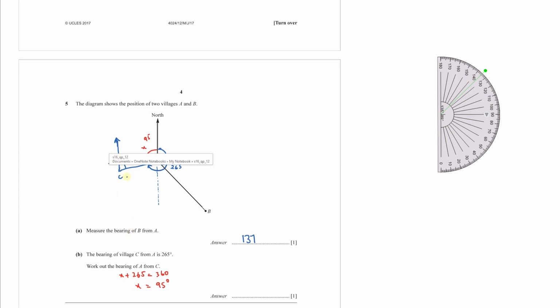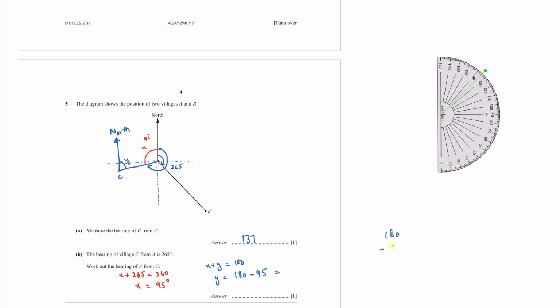Your bearing of A from C, let's call it y. Since these two are parallel lines, this is also north, right? And these are interior angles, and we know that the sum of interior angles of two parallel lines is 180. So x plus y should equal 180, and we know our value of x is 95, so y equals 180 minus 95.